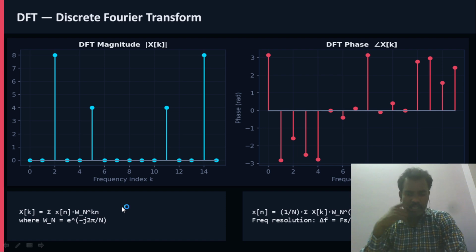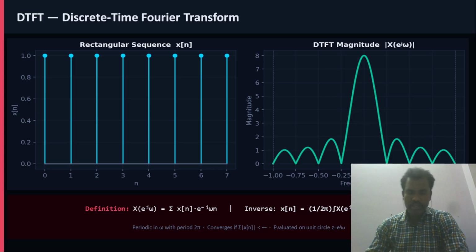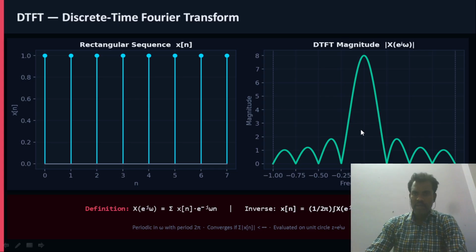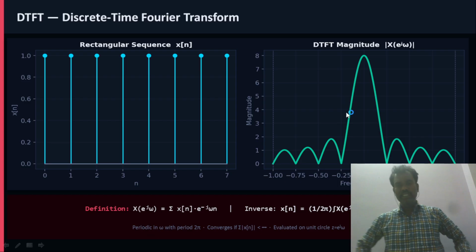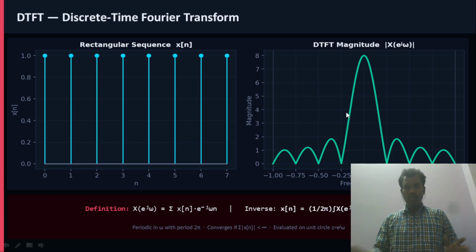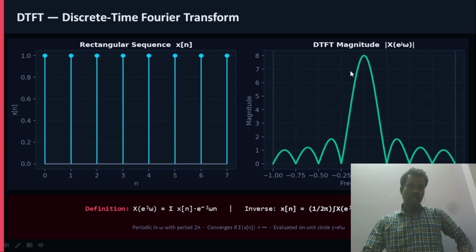And what happens in the inverse? If you are doing sampling of the spectrum, there is a provision that when sampling in one domain, the other domain will become periodic. Even though the input signal is aperiodic and the spectrum is continuous and periodic, the continuous spectrum is divided into discrete by doing sampling.